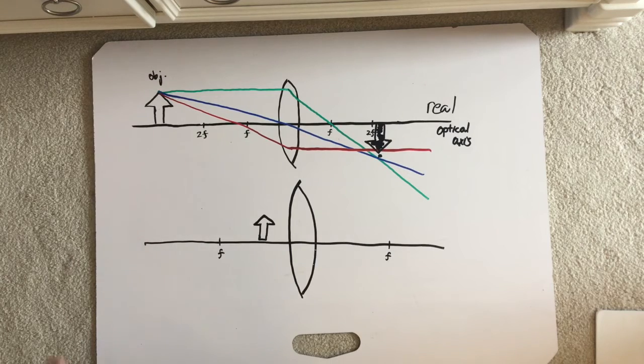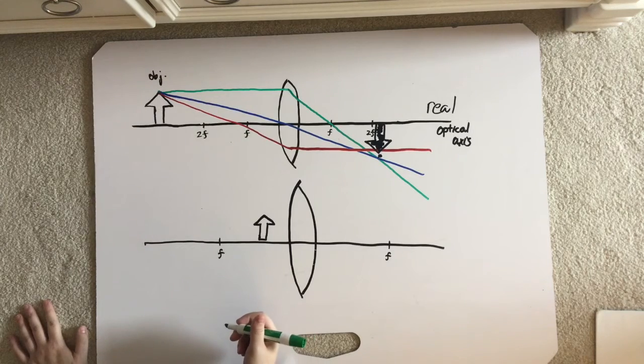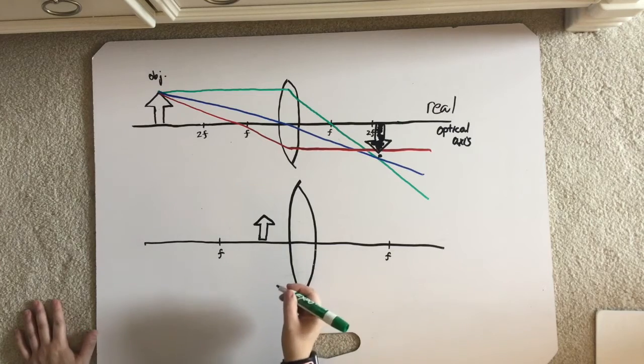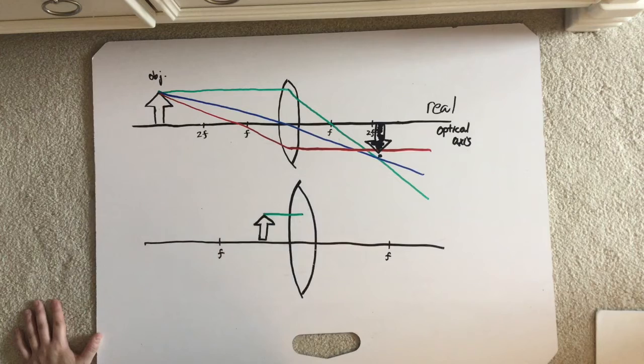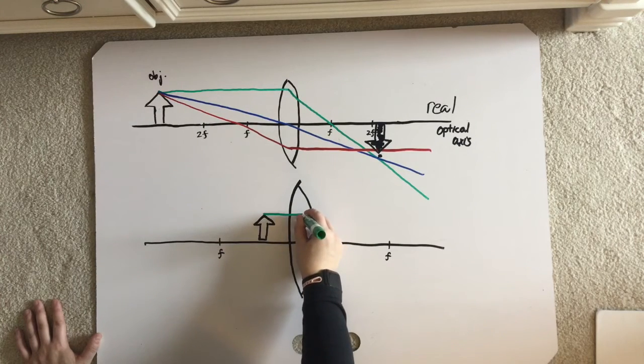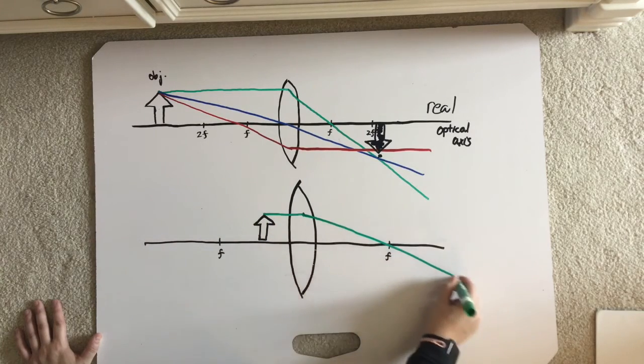This one that we're going to do, we're going to start by following the same rules. We're going to start at the top of the arrow. We're going to go parallel until it hits the center of the lens. And then it is going to go through the focal point.